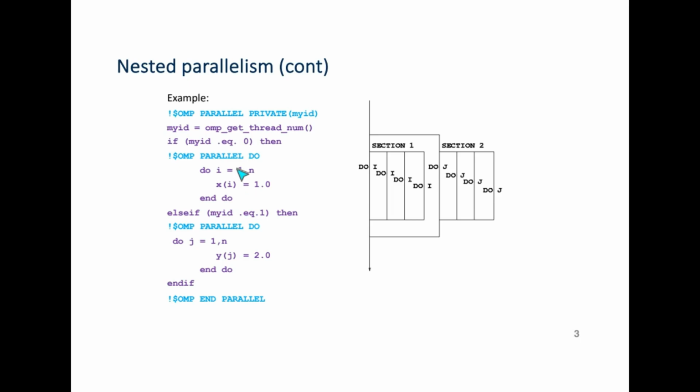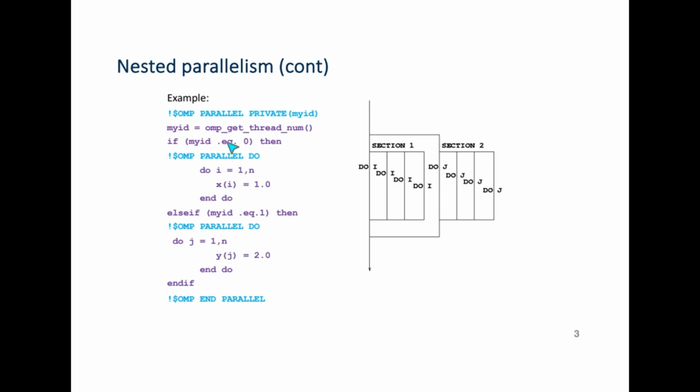So we want to share those loops out between threads, but we also want to execute the two separate loops in parallel as well. For example, what we could do is create a parallel region at the outer level, and I'll talk about how we arrange thread numbers in more detail in a minute. But suppose we create an outer region with two threads.